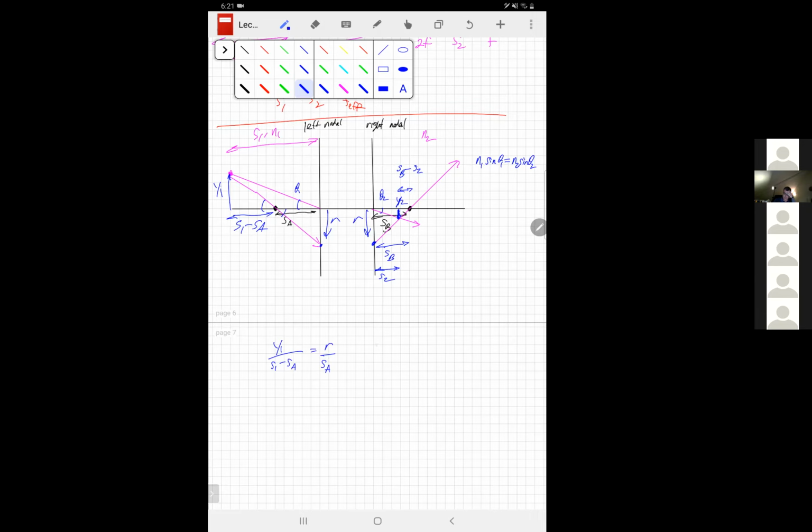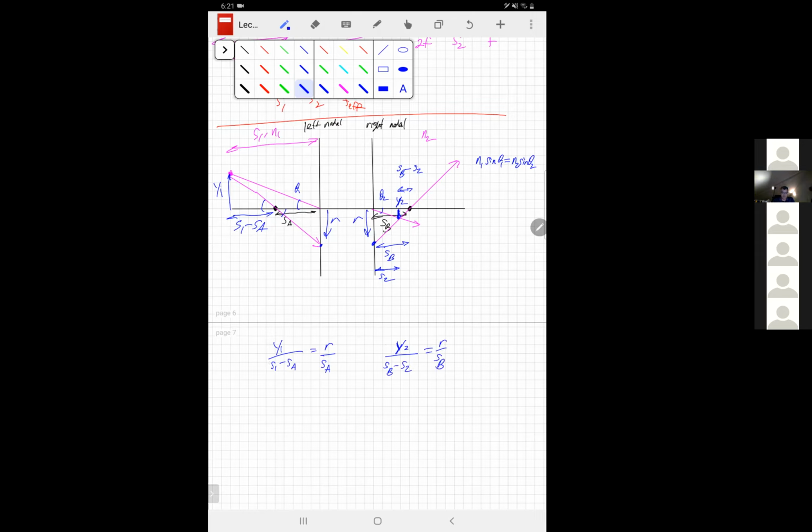We also know that y2 over SB minus S2 equals R over SB.